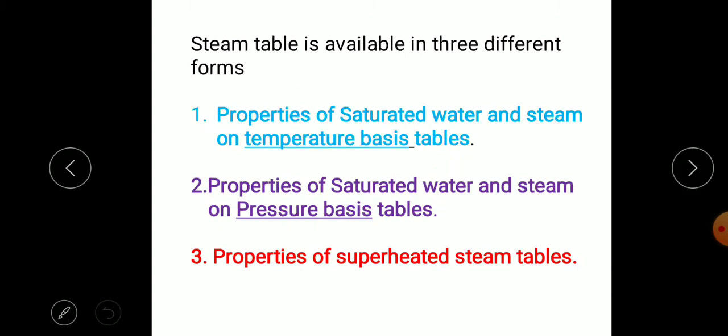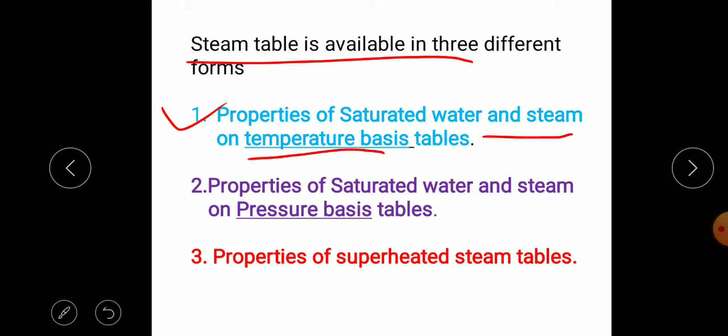Next, the steam table is available in three different forms. The first form is the properties of saturated water and steam on a temperature basis. Suppose we are given a saturation temperature of 110 degree centigrade, we find the properties using the temperature basis.